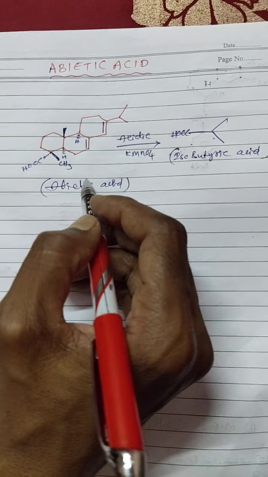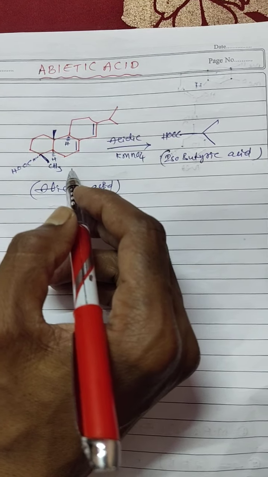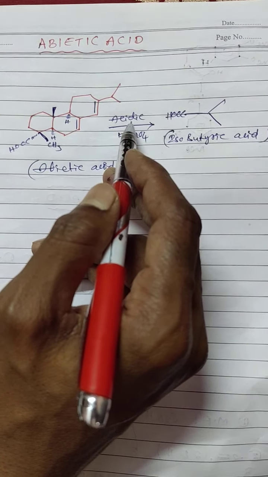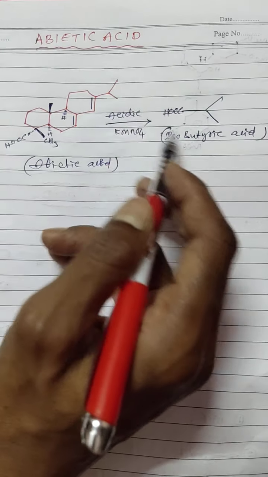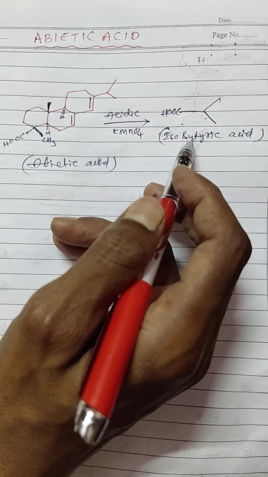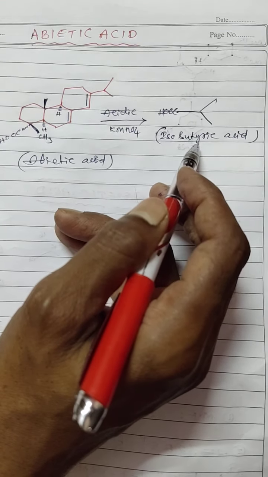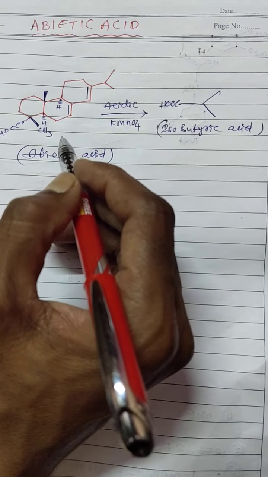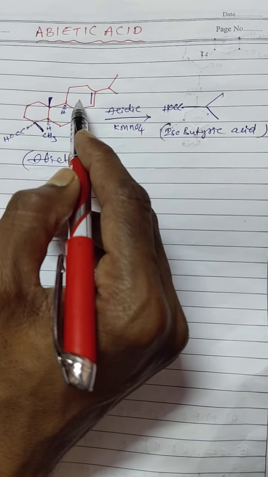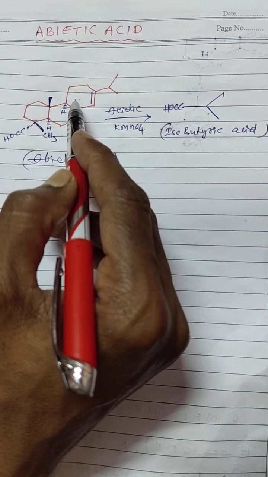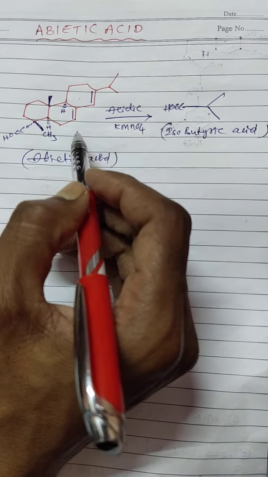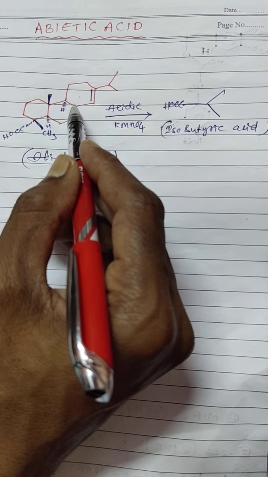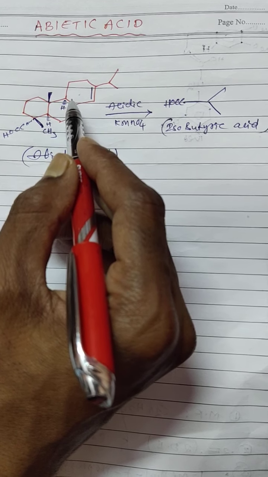Abietic acid on acidic permanganate oxidation gives isobutyric acid as one of the products, which indicates that one of the double bonds must be present in ring C, either between 6, 7 or 7, 8.